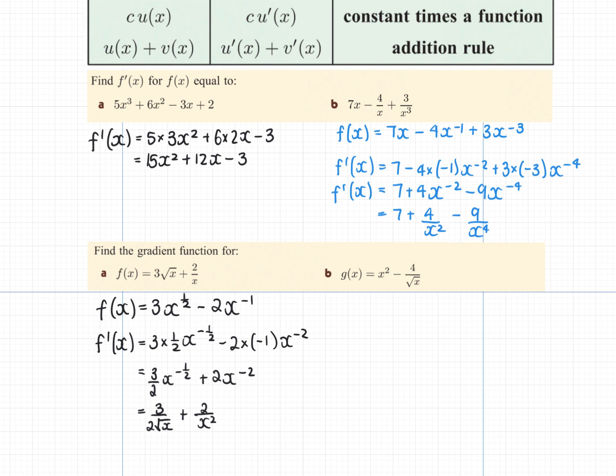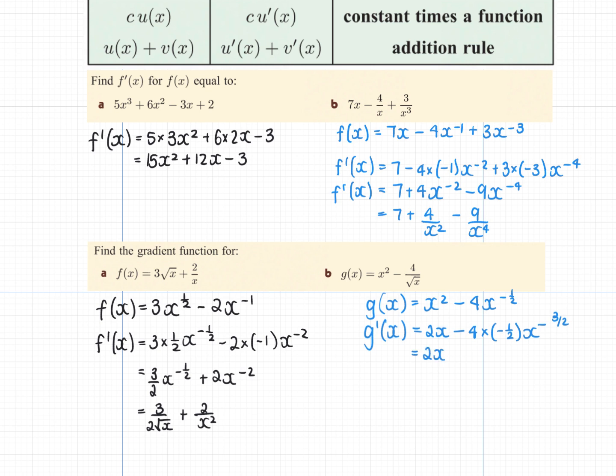Let's have a look at the second one, same sort of process as before. Get rid of our fractions, so write it with negative indices: x squared minus 4x to the negative a half, because it's over the square root. Now we can go through and find the differentiation. x squared becomes 2x, minus 4 times negative a half x, and negative a half take 1 will become negative 3 over 2.